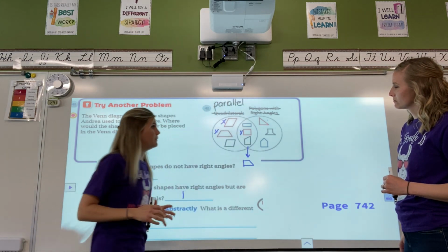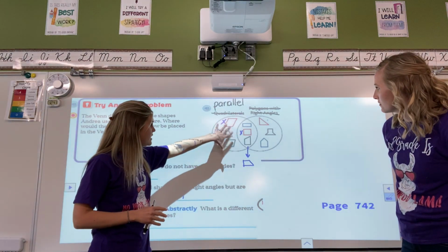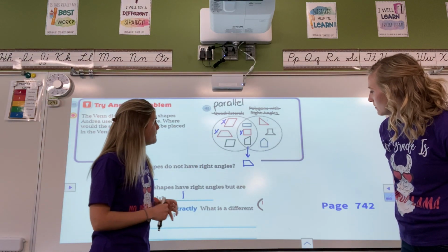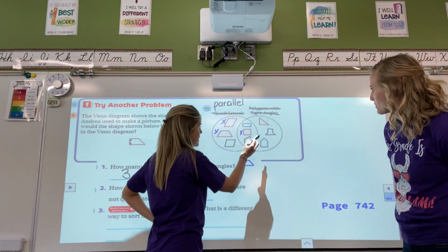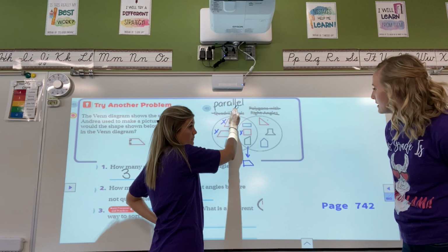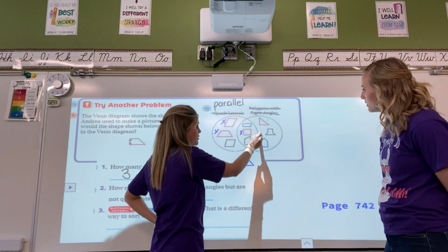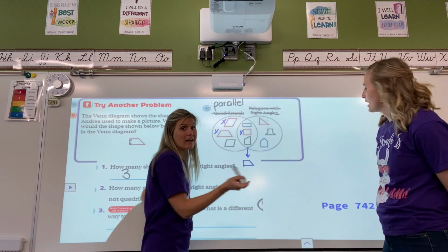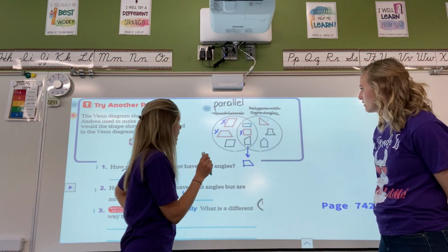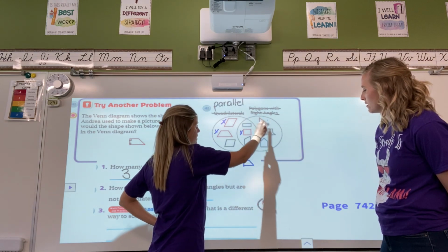I'm just going to write parallel. Okay. So these all have at least 1 set of parallel sides. I do see that, and they are quadrilaterals, right? Yep. Parallel sides and quadrilaterals. Now I'm looking over here. Although this has parallel sides, it's not a quadrilateral. So I want to see what these have in common.